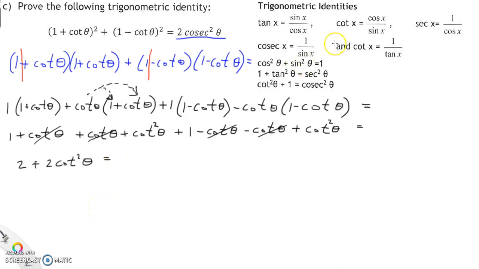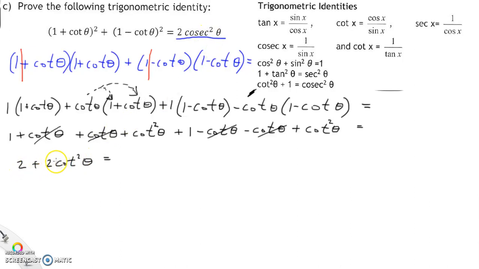Now, if we look at this trig identity up here that I got from the exam sheet, we'll be looking at this one here: cotan squared plus 1 equals cosec squared, because we're looking for cosec squared on the right hand side.